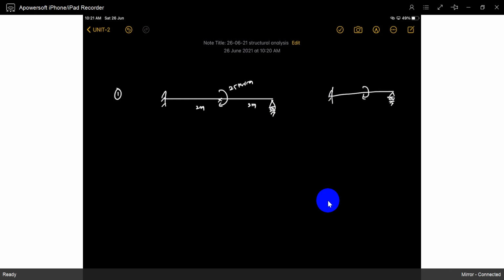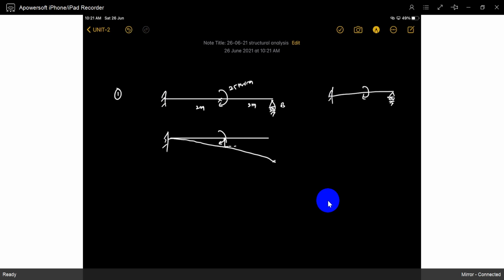deflection method. Based on the deflection, just take it as simple. By the application of moment, what will happen? So this is the deflection here. What is the deflection at point B?